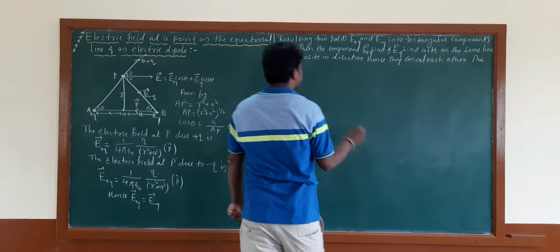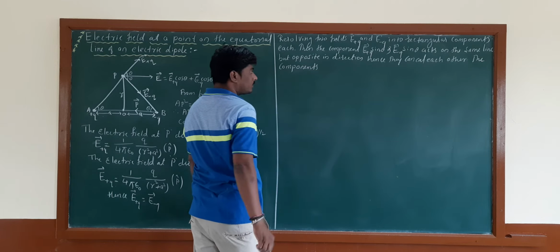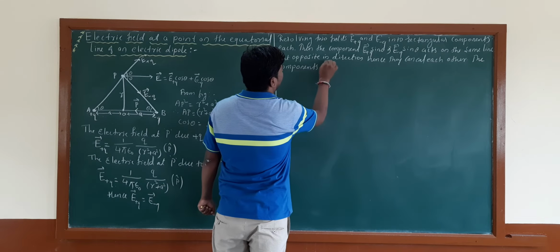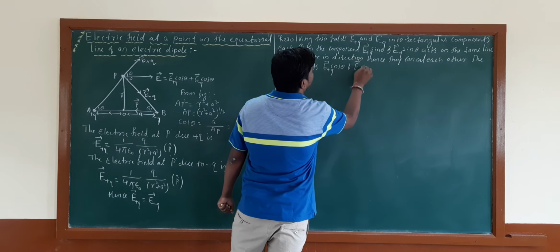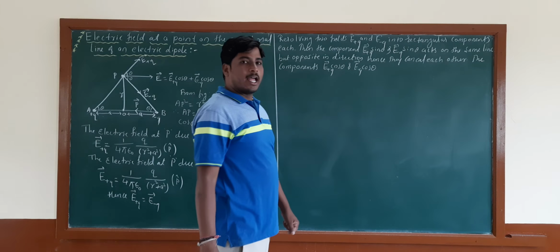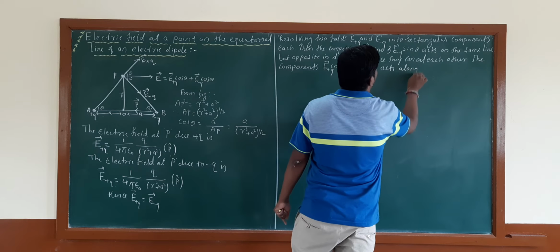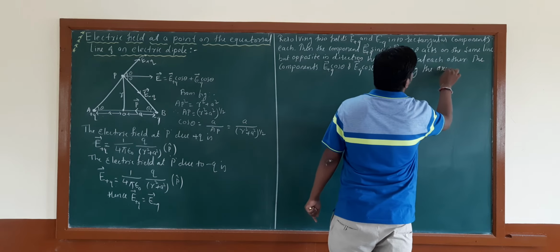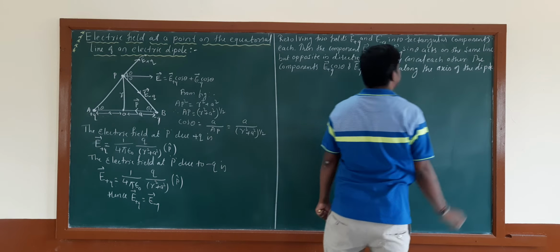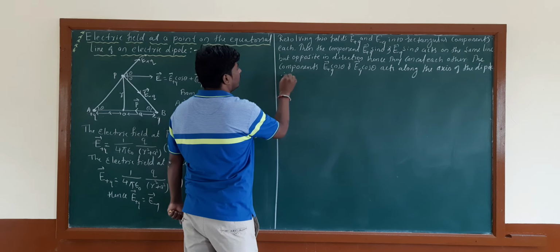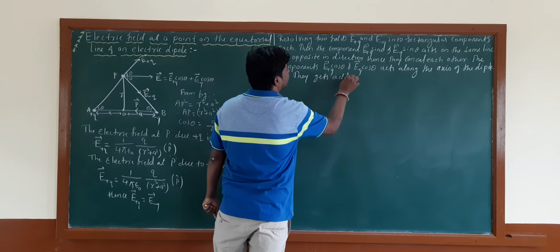And the components E plus Q cos theta and E minus Q cos theta act along the axis of the dipole. Therefore, they get added.